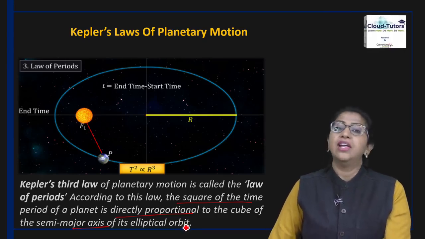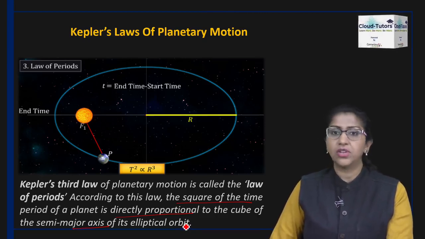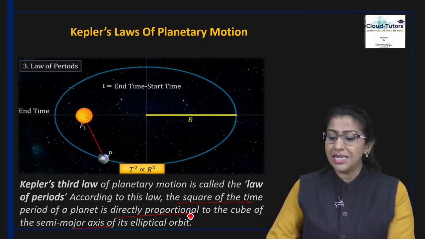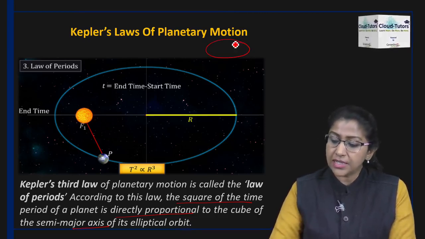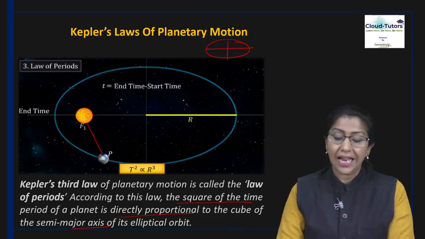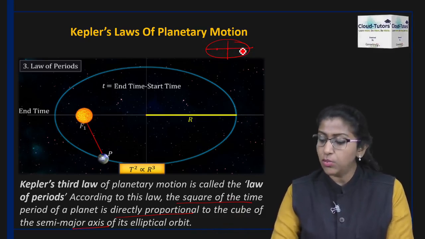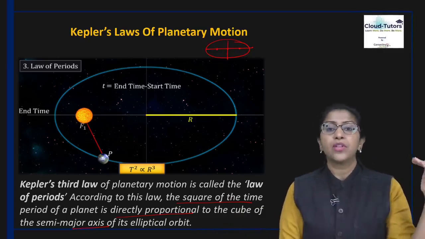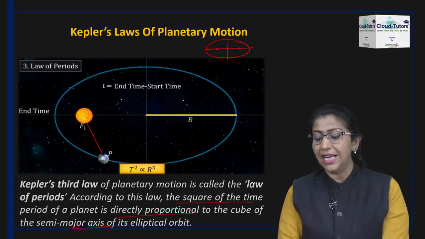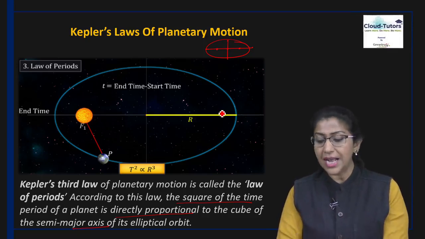Now, you would have come across what an ellipse is. As we said, an ellipse is an elongated circle, where if you draw two perpendicular lines intersecting each other, one of the lines goes through the foci, and the other is perpendicular to this horizontal axis.